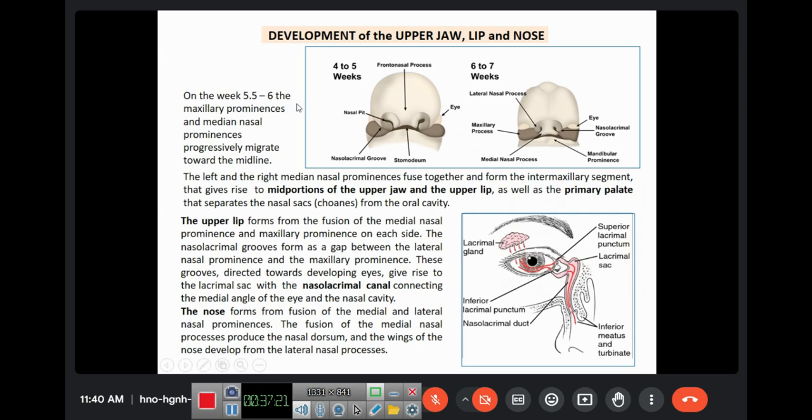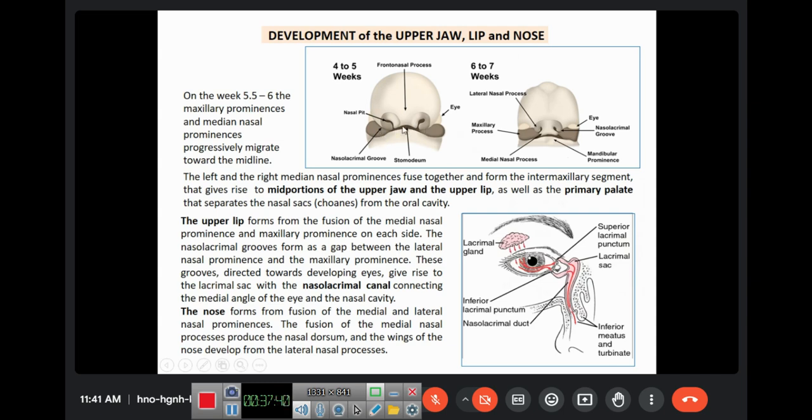Its development starts from week 5.5, week 6. So during this period of time, the maxillary prominences and medial nasal processes start to migrate towards the midline.